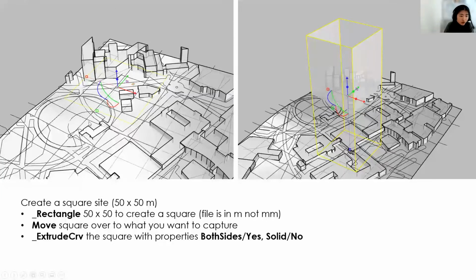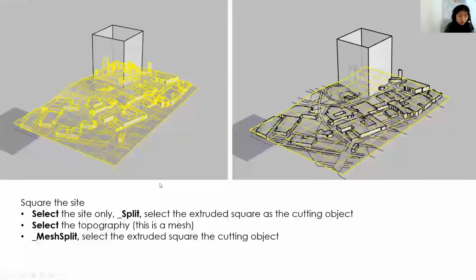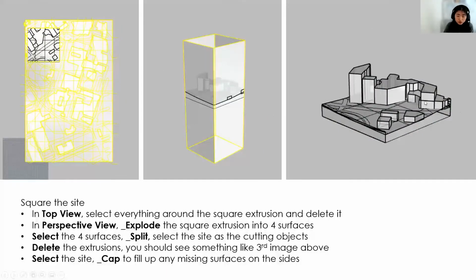Then we're going to create a rectangle that's 50 by 50 millimeters, and we're going to extrude it, and we're going to cut out the site. Then we're also going to cut the topography, which is a mesh. So we're going to use a mesh split to cut it. And then we're going to trim everything down and cap anything that's open surfaces.